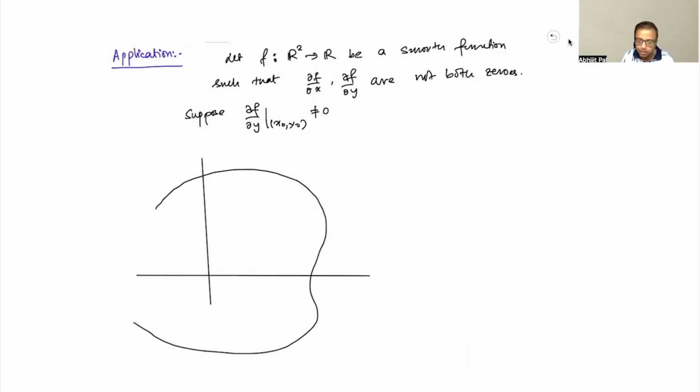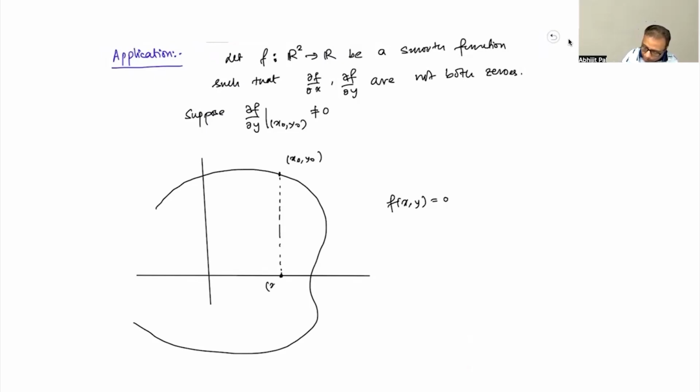So suppose f(x, y) equals 0 represents this curve, and this point, let us take it to be my (x0, y0). So here the partial derivative ∂f/∂y is not equal to 0.